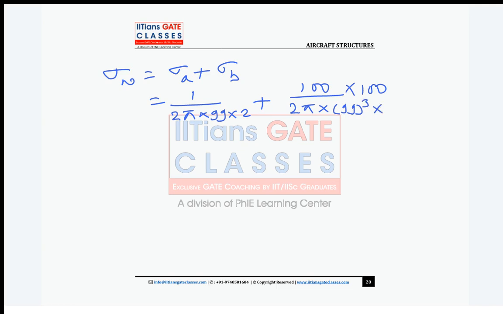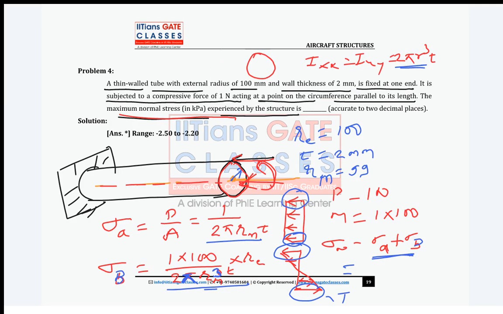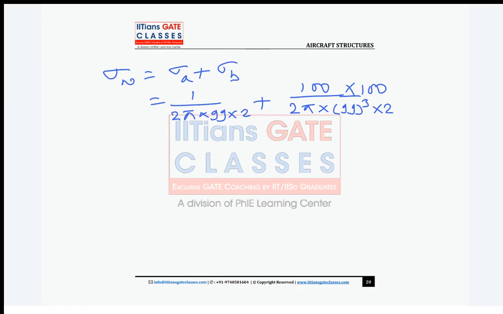T is how much? 2. Am I correct? Because it's thin wall, na? Ravi Teja, whenever they mention thin walled, this year also there was one question. If you use the thin walled assumption, then only your answer will be correct. Otherwise, your answer was not coming in range.